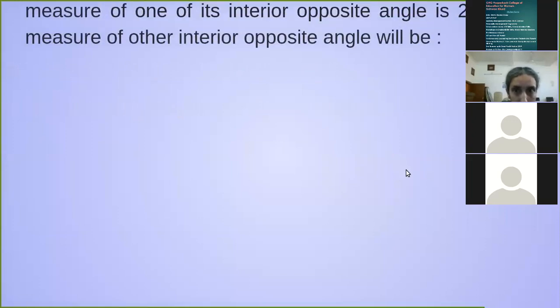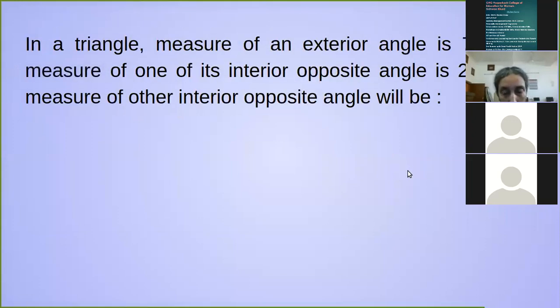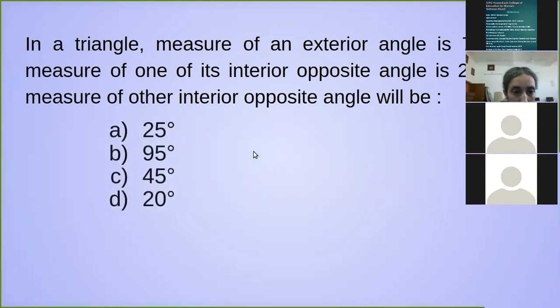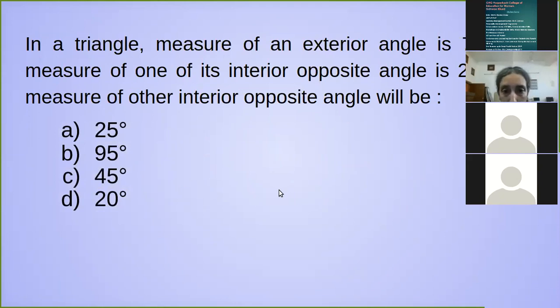Next question. For this beta, you need your paper and your pen because you have to solve it. In a triangle, measure of an exterior angle is 70 degree and measure of one of its interior opposite angle is 20 degree. The measure of other interior opposite angle will be what? And to make it easy, I have given 4 options also. But for this, you have to calculate fast. Take your pen, take your pencil or your paper and try to solve it.